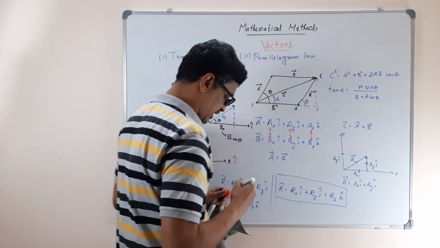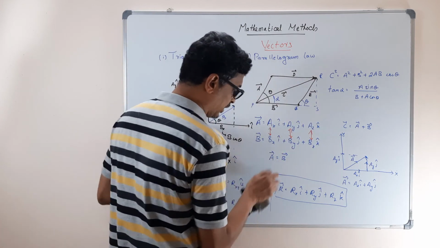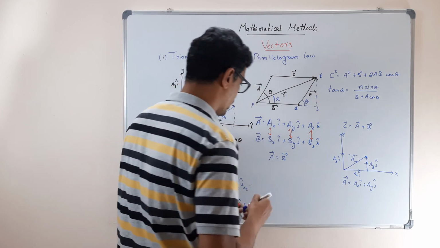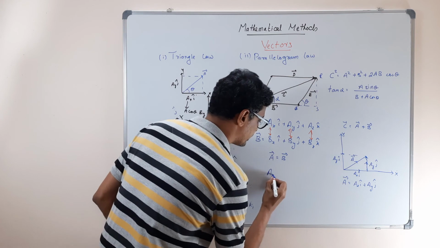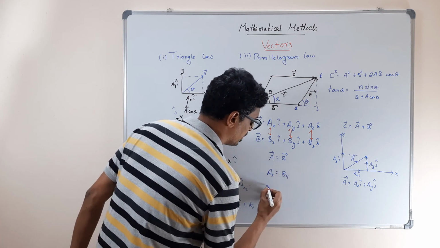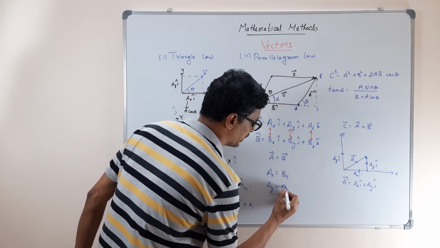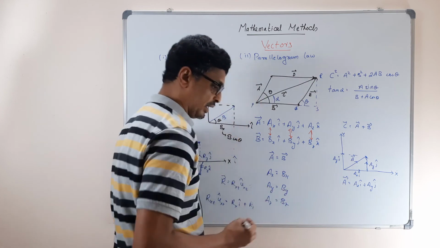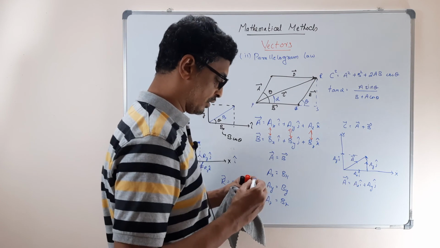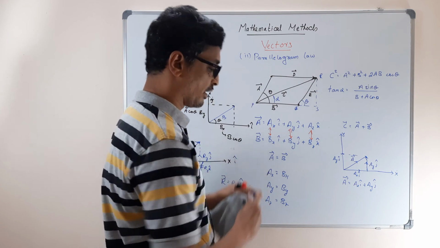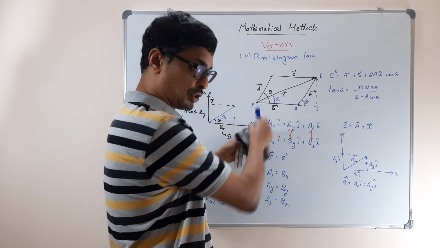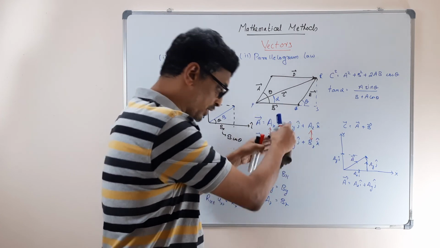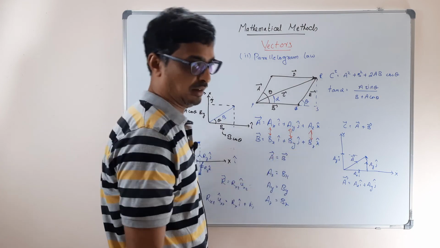So if A vector is equal to B vector, we get Ax equal to Bx, Ay equal to By, and Az equal to Bz. When these two vectors are equal, their corresponding x, y, z components also will be equal.